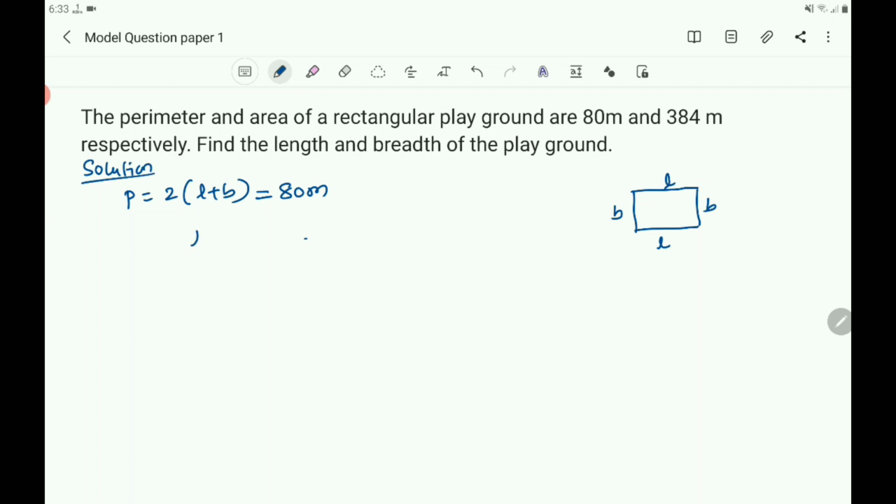Now L plus B equals what? 80 by 2. So you got L plus B equals 40.